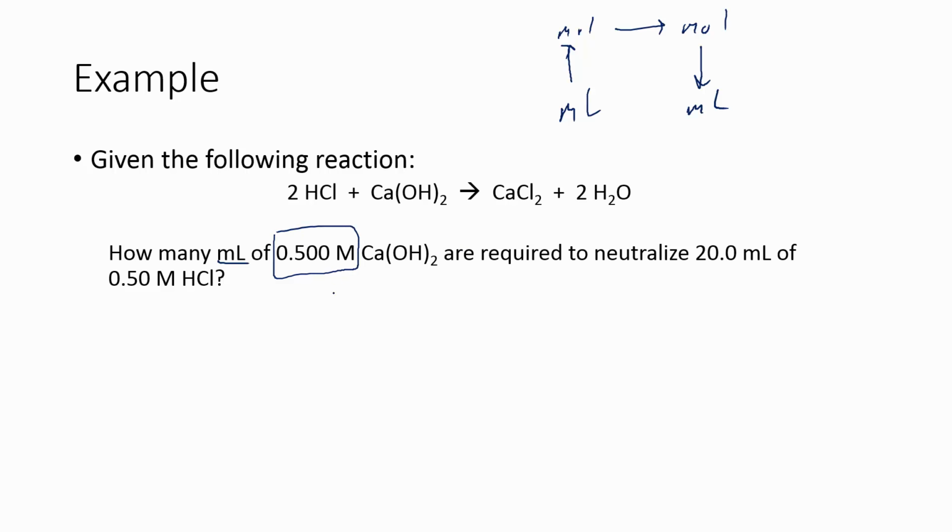That's just a conversion. We'll use it whenever we need that conversion. Okay. I needed to neutralize 20 milliliters of 0.50 molar HCl. So again, this is just a conversion. Write it out.